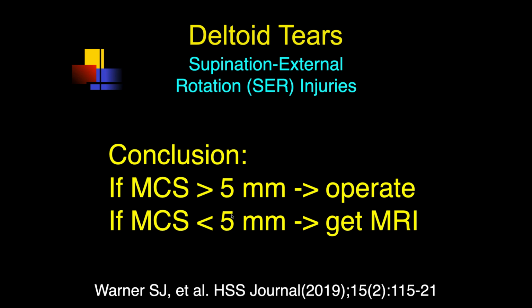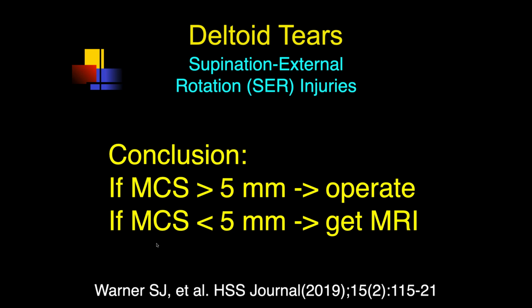It's a little confusing, and even in Campbell's. In this article in Hospital for Special Surgery Journal last year, they said that if the medial clear space was greater than 5 millimeters, you should just go straight to surgery, and you don't need to get an MR, though most of the surgeons I know will get an MR. Yeah, if you cannot reduce it. But that's the thing. If you can reduce it, you don't have to.